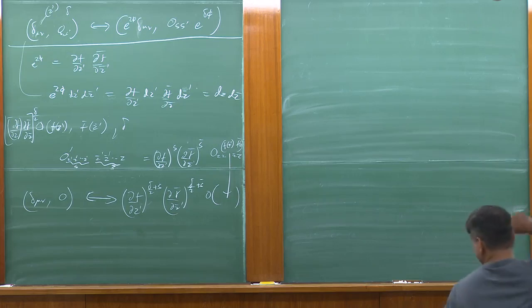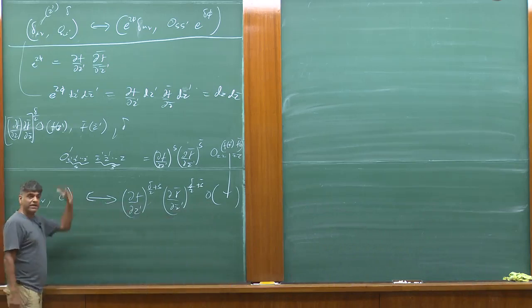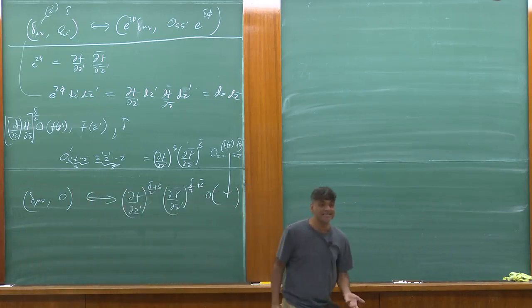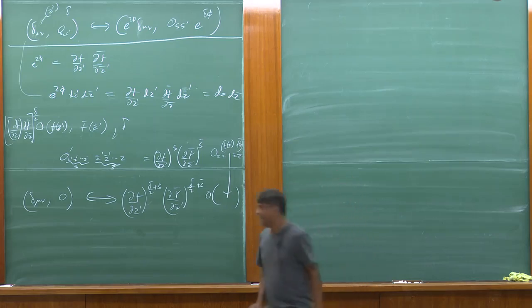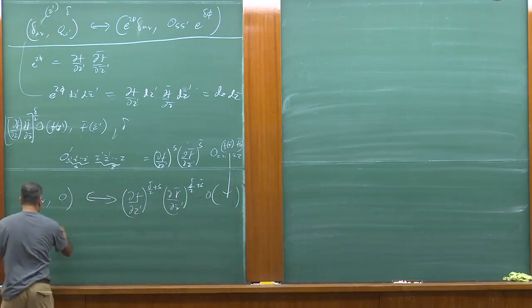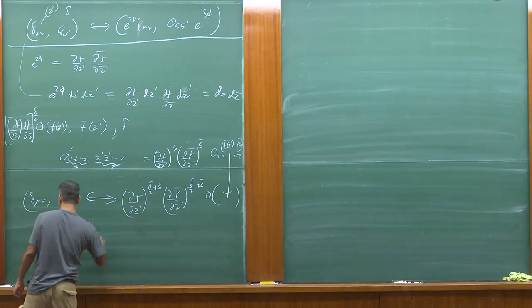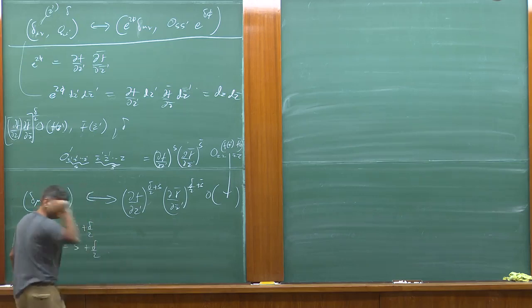Okay? So the net conformal dimension, if you take an object that has S lower indices and S bar lower indices and has Weyl transformation delta as defined up there, then it will transform with H equal to S plus delta by 2 and H bar equal to S bar plus delta by 2.